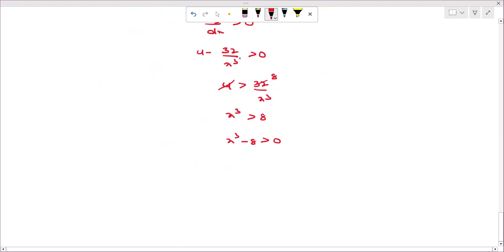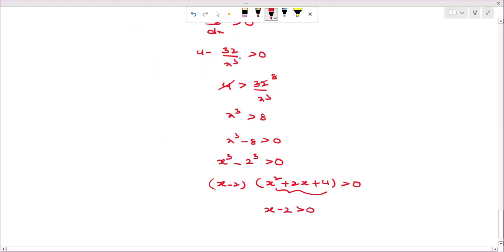Okay, now simplify this one. a cubed minus b cubed concept. a cubed minus b cubed is a minus b into a square plus ab plus b square. Okay, now, however, this is positive. No need to worry about that. Why? Because all are having plus symbols. And x minus 2 should be greater than 0.